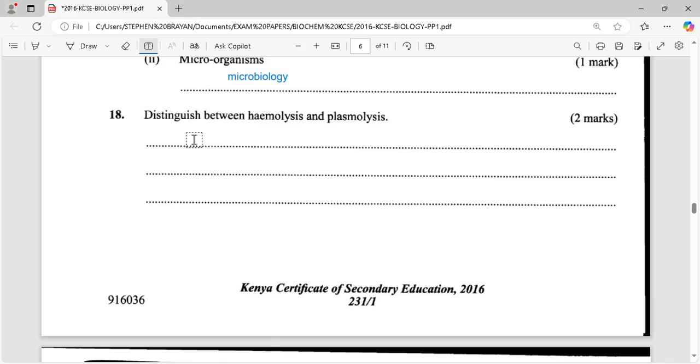And you know, hemolysis is related to animal cells. This is when the red blood cells burst when placed in hypotonic solution.